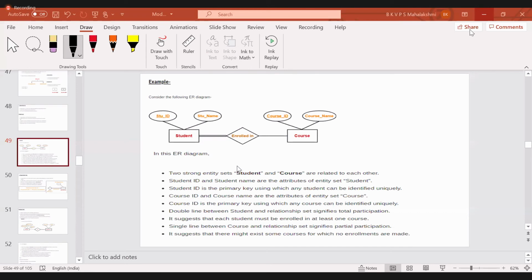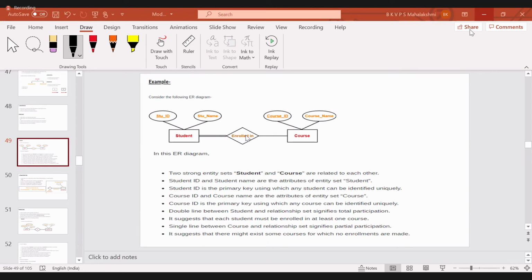And coming to this diagram, if there are two tables and you want to maintain a relationship between the student and a course, why should we maintain a relationship? In this diagram, the relationship name is enrolled in.